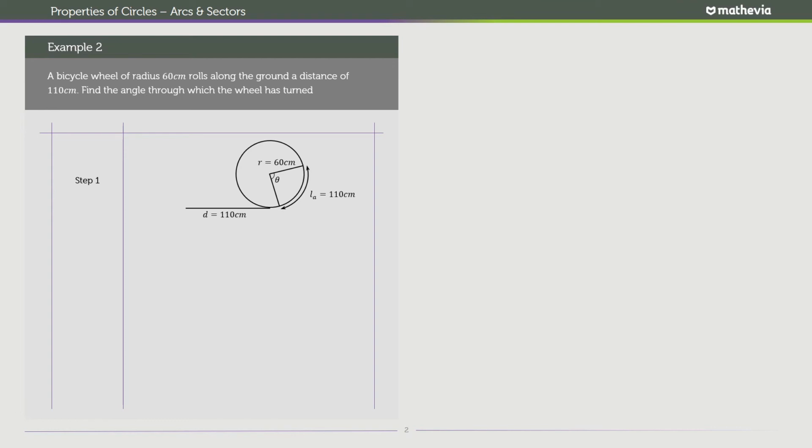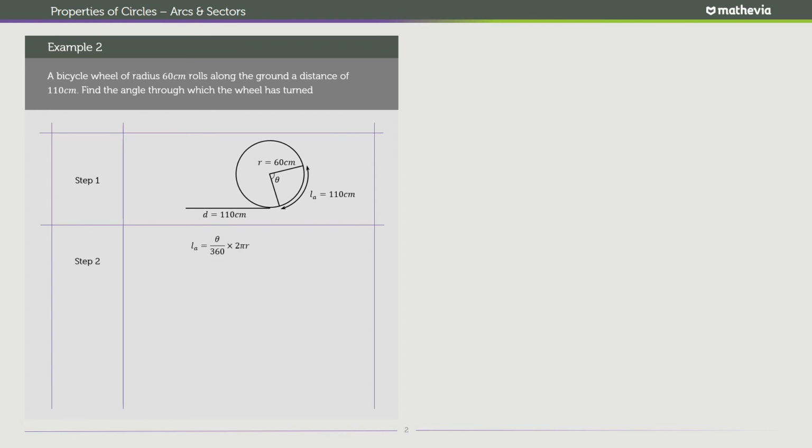If you look at the diagram, you have a distance of 110 covered. What this means is this wheel has turned through 110 centimeters along its circumference to cover this distance. And we're looking to find the angle that it has rotated through. We are given the length of the arc and the radius of the circle, and we're looking to find the angle at the middle.